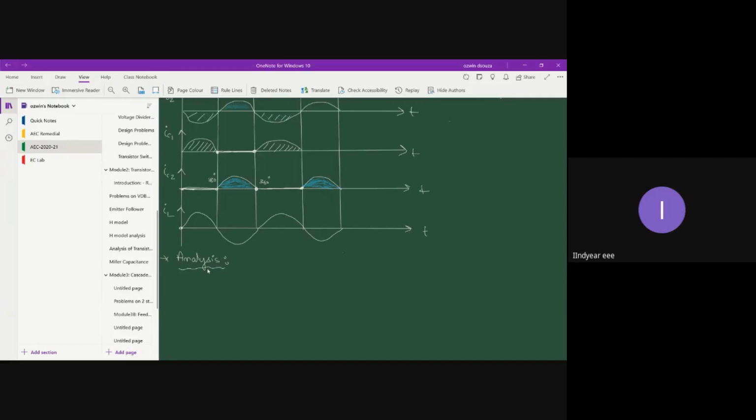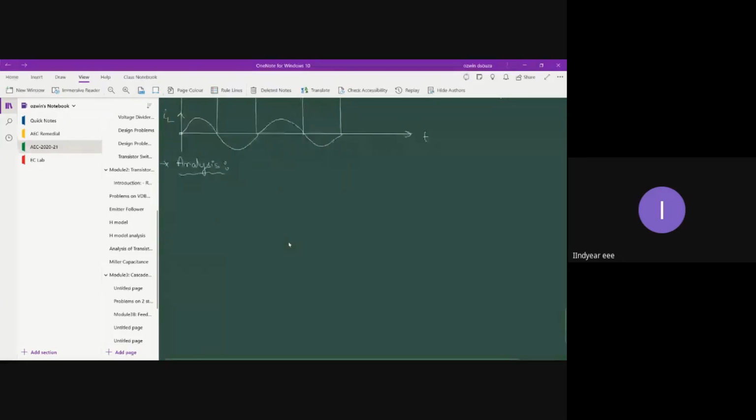Once again, as you know, your power amplifier consists of DC signals as well as AC signals. You have to break your analysis into two types: DC analysis and AC analysis. So first, let me write DC operation.